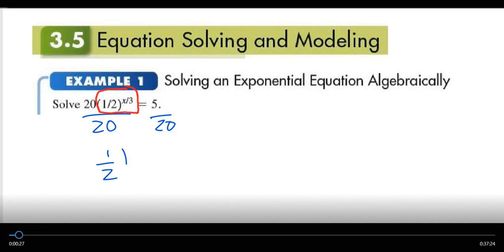That has to be isolated before we can ever start down the road of changing to log form. So, just thought I would pause and throw that in there.